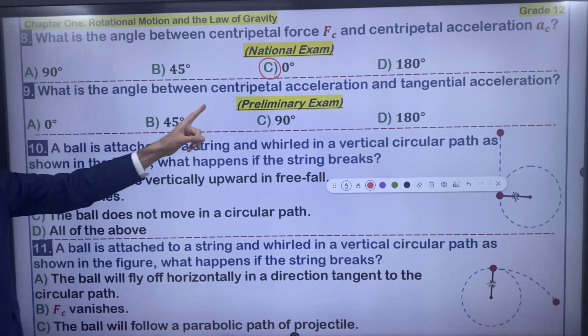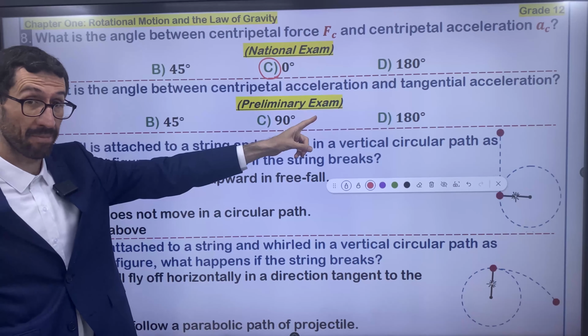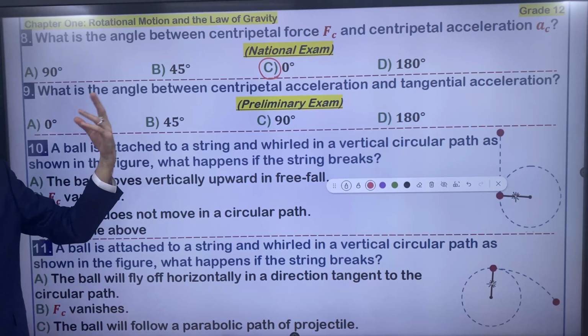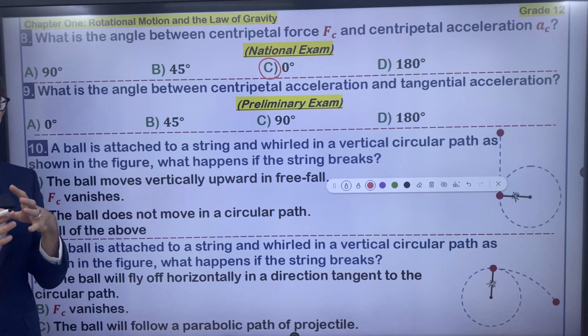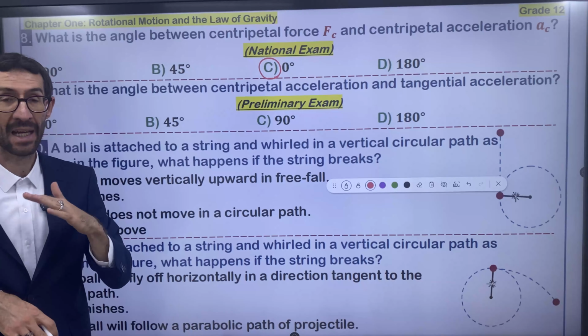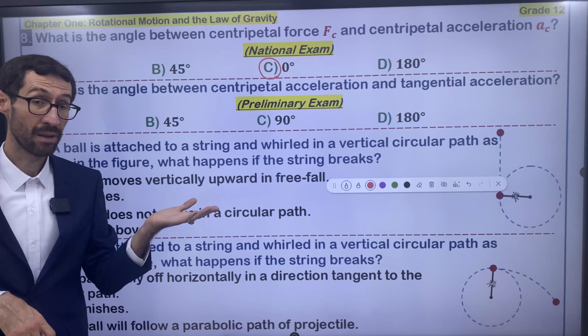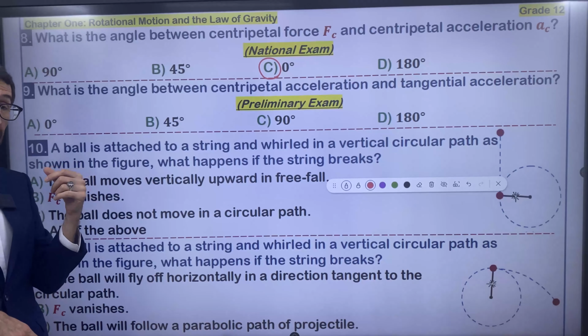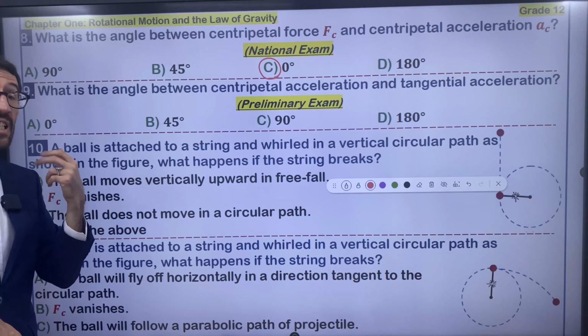Number 9, this is a question of preliminary exam. You see, there are a lot of questions in national exam and preliminary exam that concentrate on the angle between Fc and ac, and the angle between Fc and Vt. I gave you a key for finding the answer in a split second.